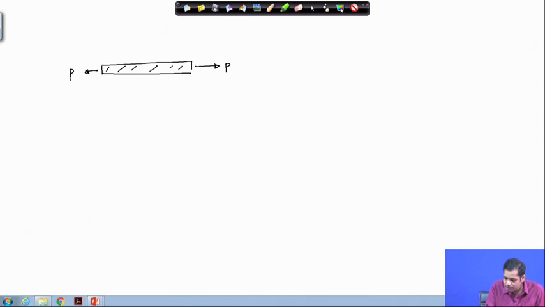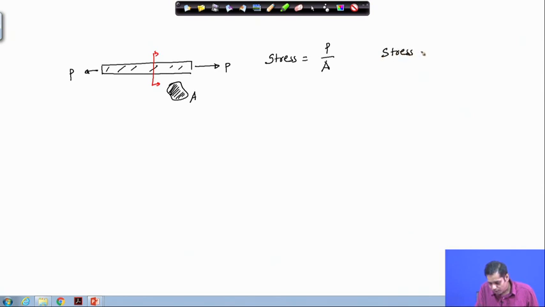Suppose this is the cross section of the bar, and this cross section is A. So, recall we define stress as P by A, or a finer definition is stress is equal to limit A tends to 0 of P by A. Force by area, that is how we define stress.